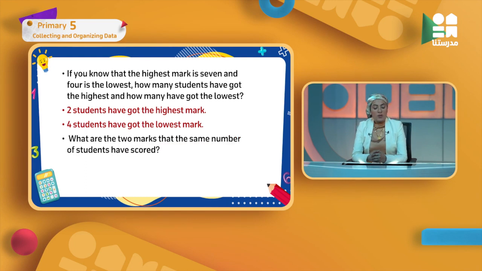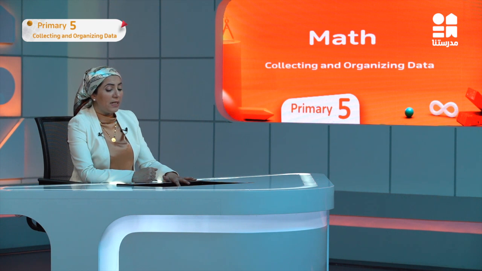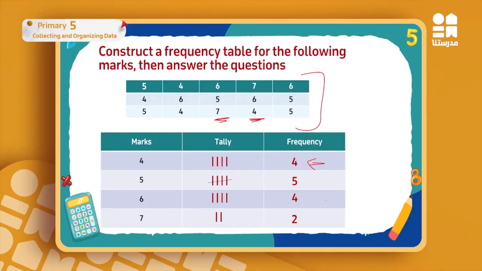Here, what are the 2 marks that the same number of students have scored? I go back to my table and look for the 2 marks that the same number of students have got. The mark that was repeated 2 times was 7, but 4 is the number of students that have got 4 and the number of students that have got 6.